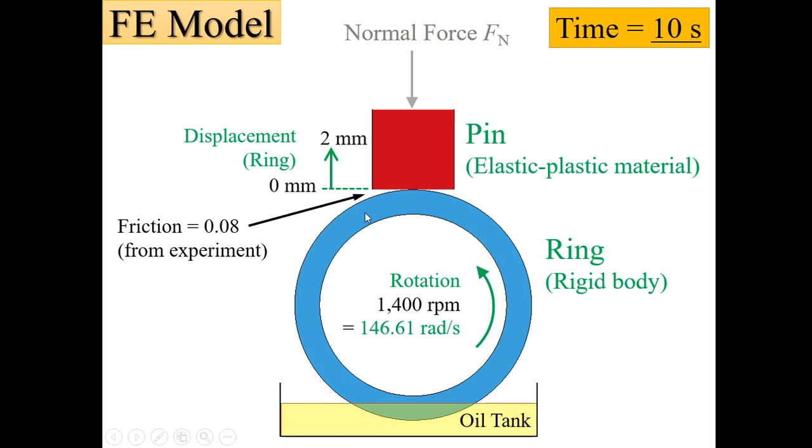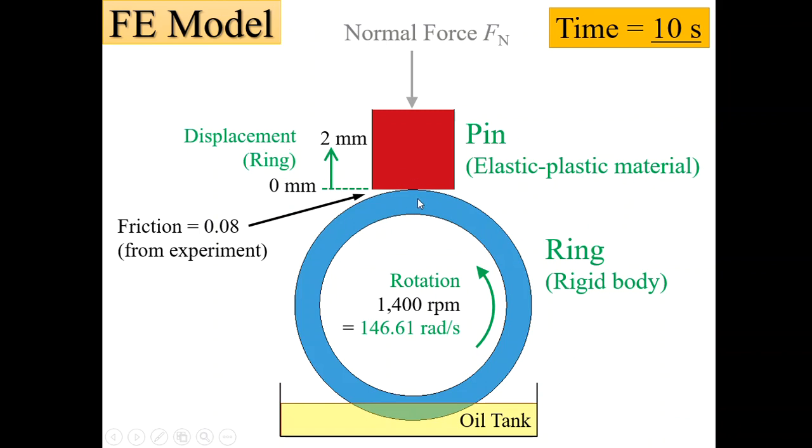It's the same. We can also apply the contact load to the ring, and we can also apply the velocity to the ring going upwards, so it's the same. In this case, we just want to compare the results between the experiment and the numerical, so it's easy to use the displacement as an input.